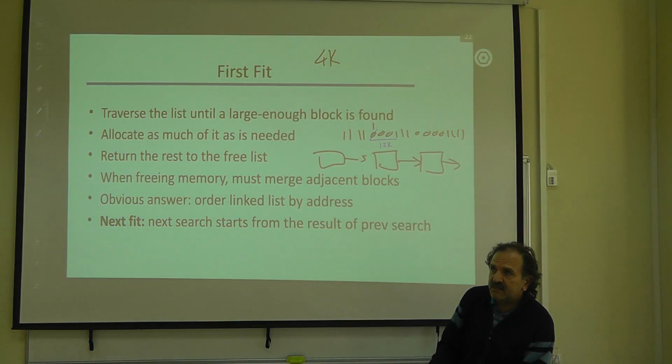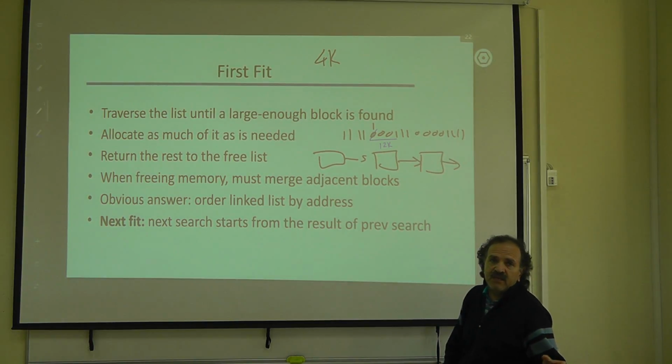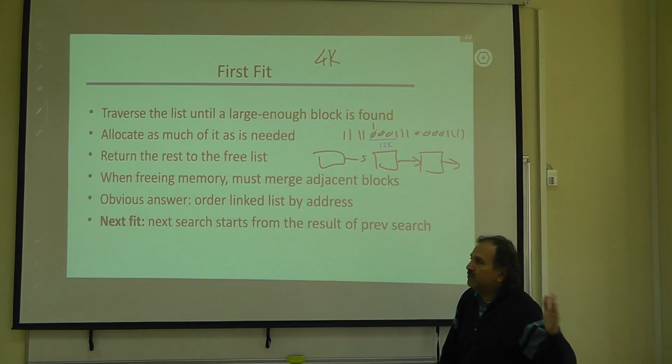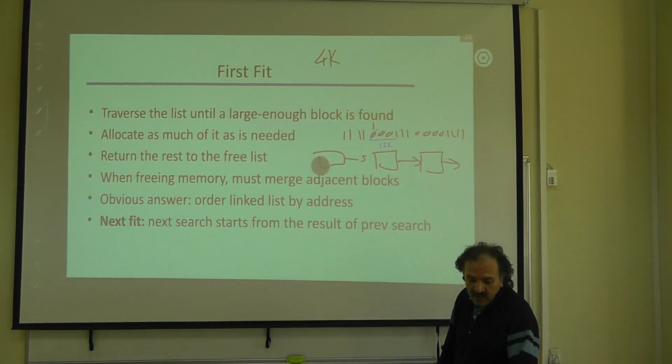A slight variation for the first fit: when I start searching for a new space again, instead of starting from the beginning of the linked list, I should start from where I left off last time. So don't start from this node.